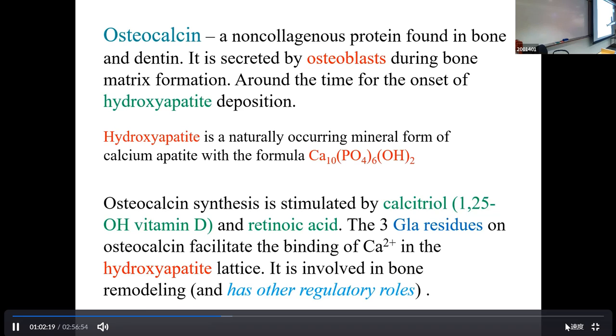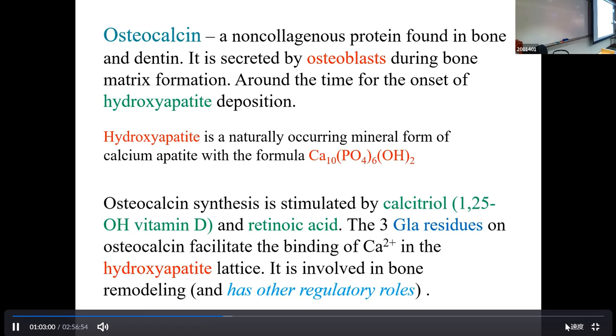So both the vitamin A analog, which is retinoic acid, we won't talk about vitamin A, and vitamin D play a role in the synthesis of this protein. Now the important part is here, which we will show in a diagram. There are 3 GLA residues. GLA refers to glutamate, the amino acid glutamate, on the protein, which will facilitate the binding of calcium in the hydroxyapatite.